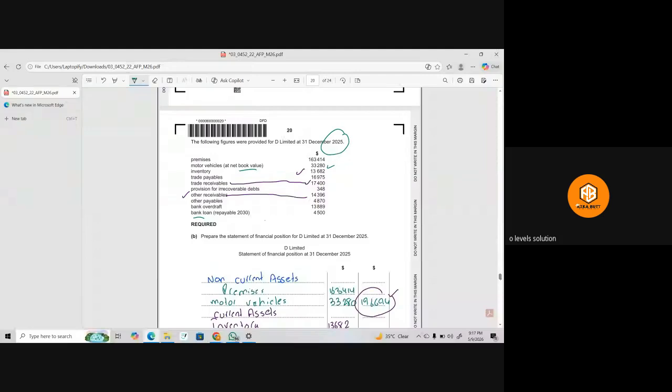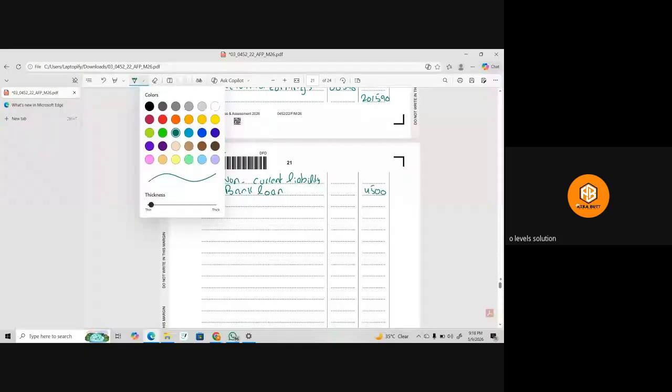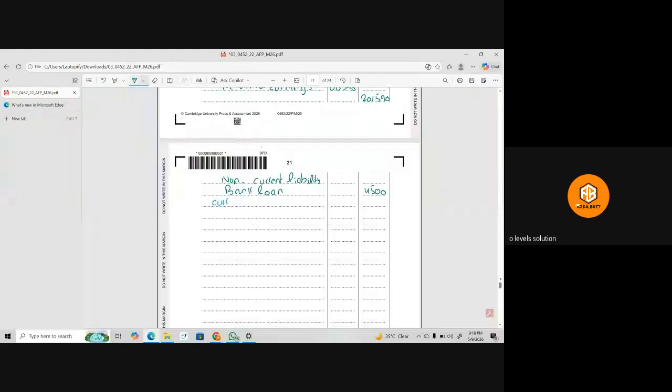So this is the non-current liability, which is 4,500. And then we need to write the current liability.